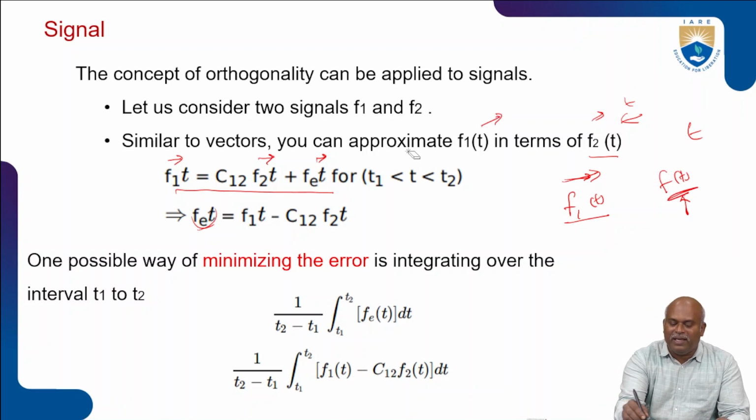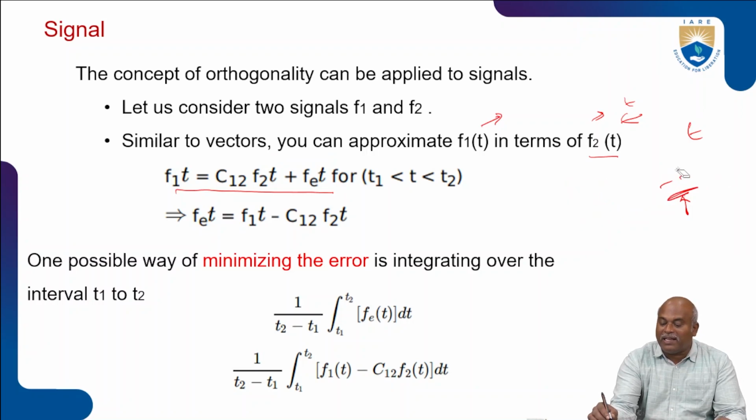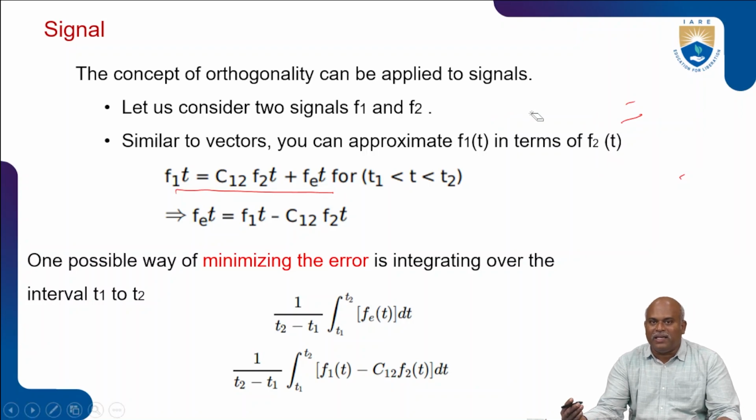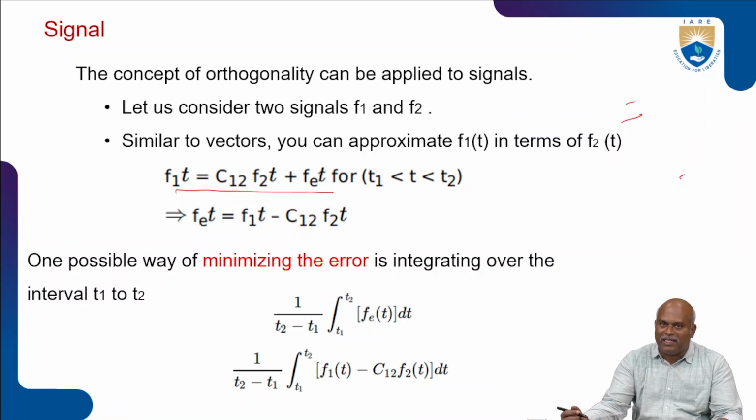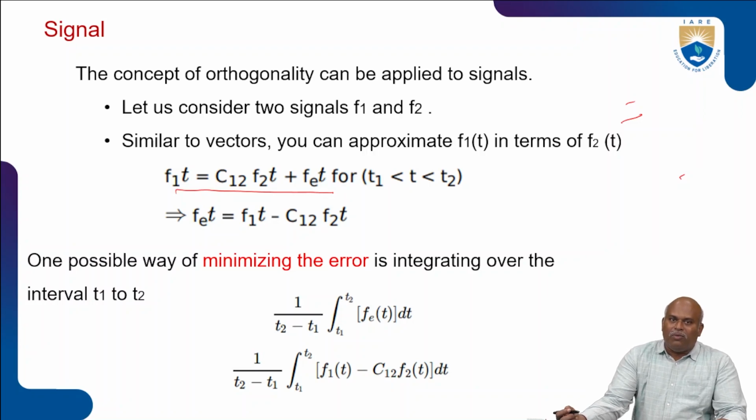So this is the way we represent the signal with the vector coefficient. The error is Fe of t equals F1 of t minus C12 F2 of t. The possible way of minimizing the error is to integrate over the interval T1 and T2.